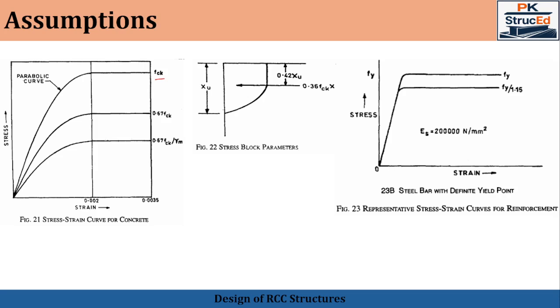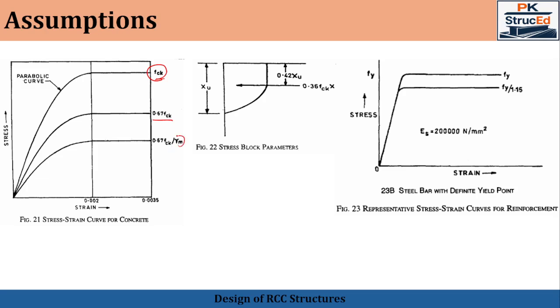So this reduces the concrete strength by nearly one third, and hence the structural strength will be taken as 0.67 fck only rather than going with the fck. And this will be further reduced to 0.45 fck by dividing this 0.67 fck by the partial safety factor of 1.5 which has been assumed for concrete.